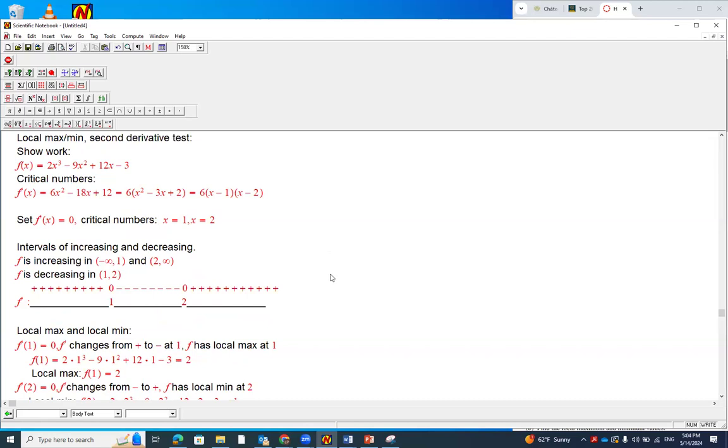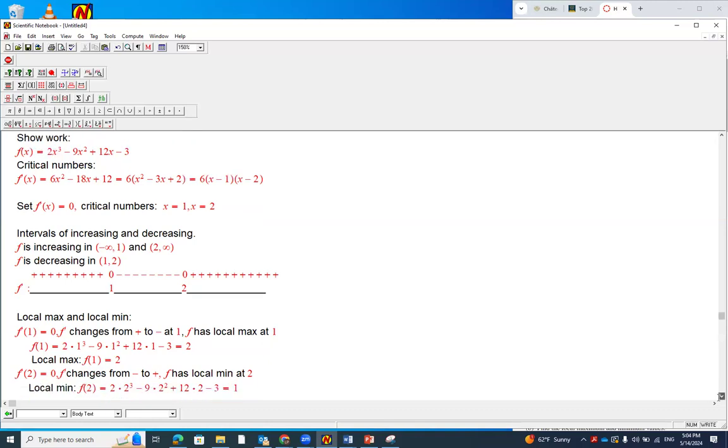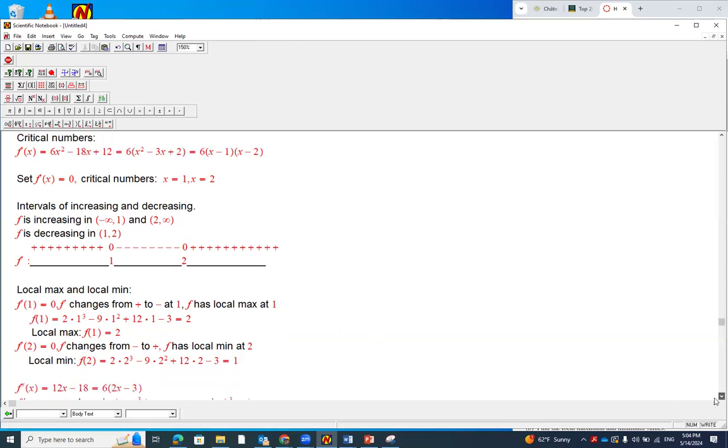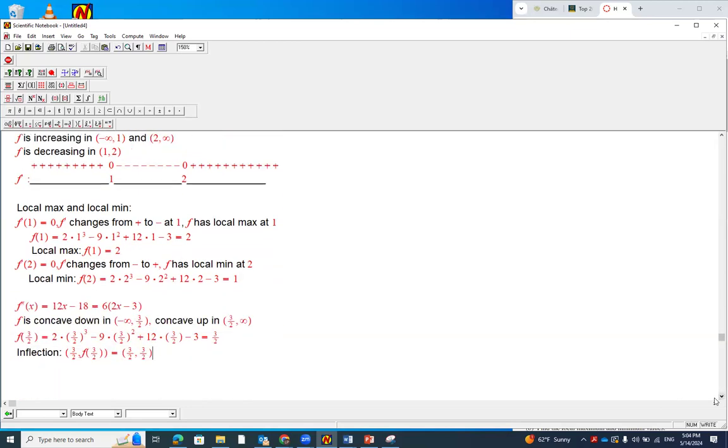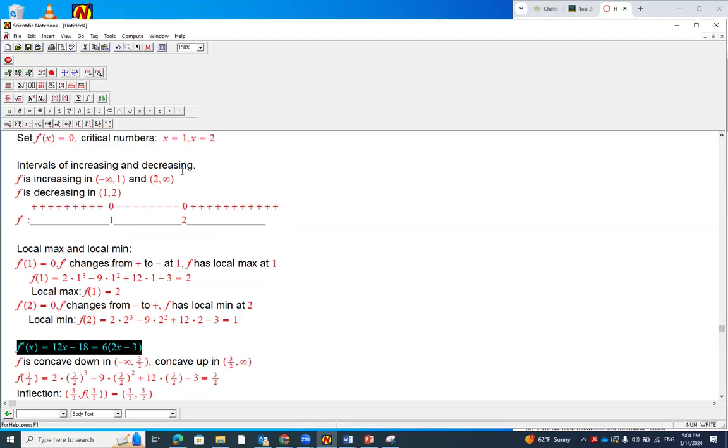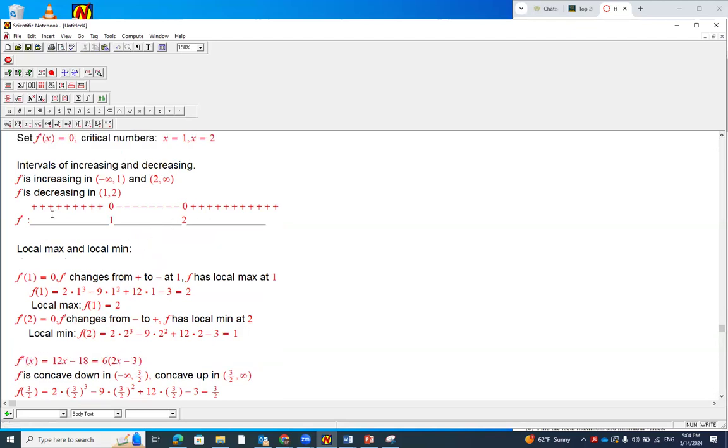Well, you can do the following. If I want to do that, of course, you still have to show the increasing, decreasing interval, but on the local max, local min part, you will need the second derivative.